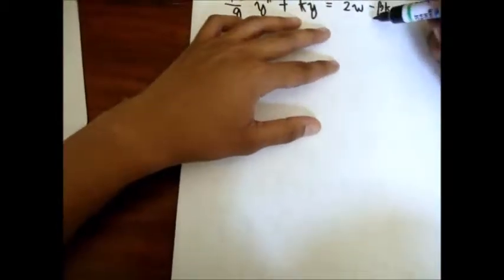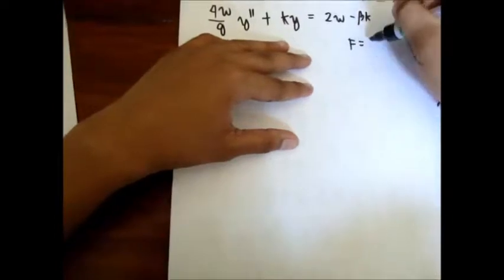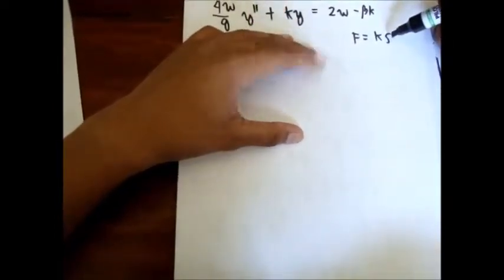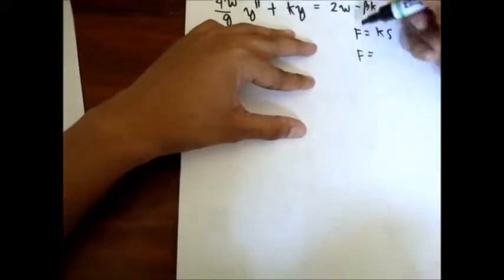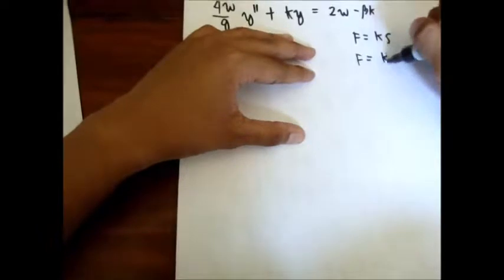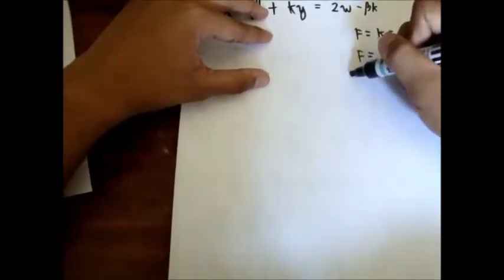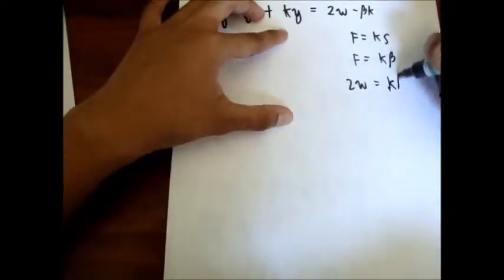To get rid of this beta, we have from Hooke's law, F equals Ks. So we will assume that this s, the stretch of the spring, is just equal to this beta. So F is equal to K beta. Our F is 2W, which is K beta.